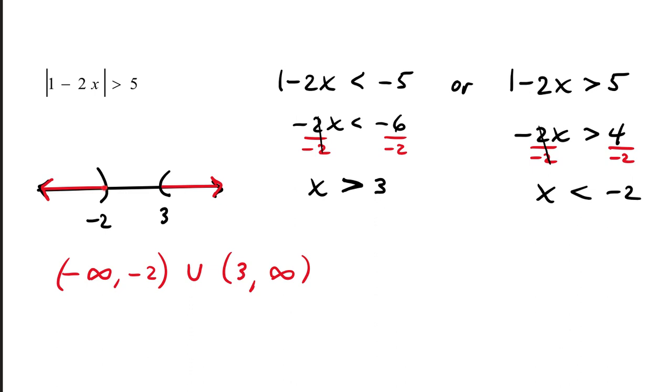And that's all values of x to the left of negative 2 on a number line. This left interval is made up of values of x from negative infinity to negative 2. Then we have a jump, and we have more x values at 3 or farther to the right, 3 to infinity. Again, don't use brackets if the inequality is not underlined.